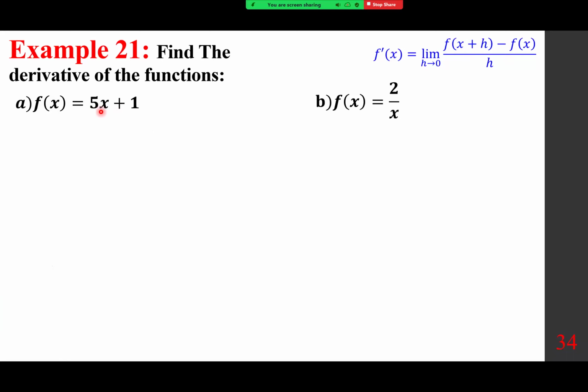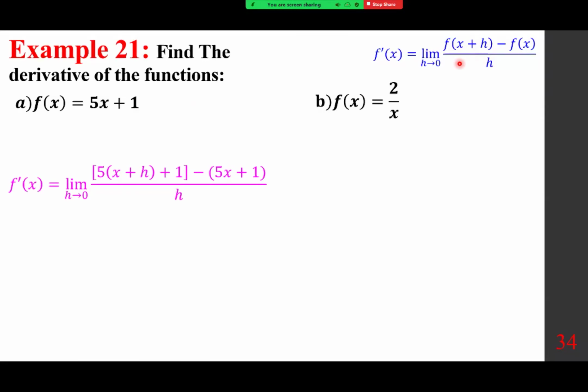So 5 times x plus h plus 1. We are using this formula. Then minus f of x is 5x plus 1. So plug in to this formula and evaluate. So again, what is f of x plus h? 5 times x plus h plus 1. And what is f of x? You just write it.